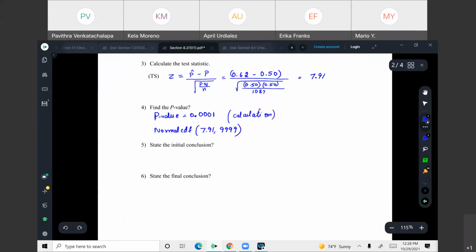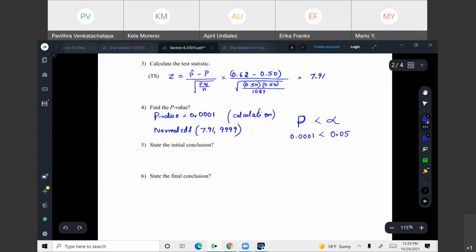Now that we have the p-value, we will be comparing this with alpha because this is how we will make a conclusion, right? So the p-value I got here is 0.0001 and alpha is 0.05. So you can easily say that p is less than alpha.